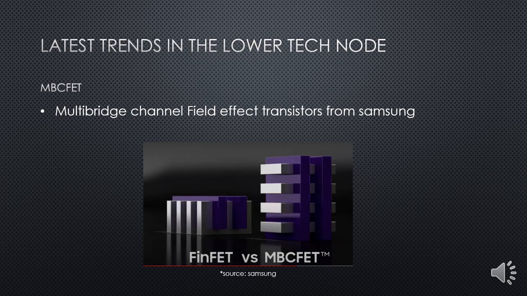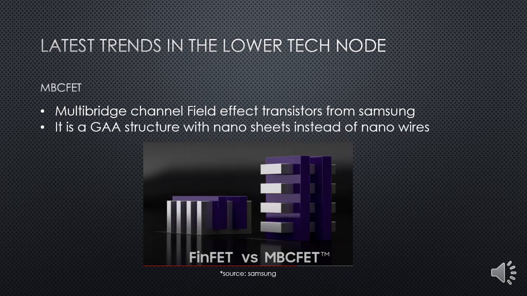Instead of using nanowires or fins, it uses stacked structures. It is a gate-all-around structure, but the nanowires are converted to nanosheets. This is a nanosheet from the Samsung foundry. So it's gate-all-around, but instead of nanowires, we use nanosheets. This is the latest advancement which we have.